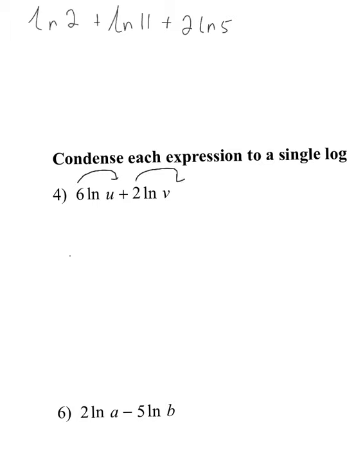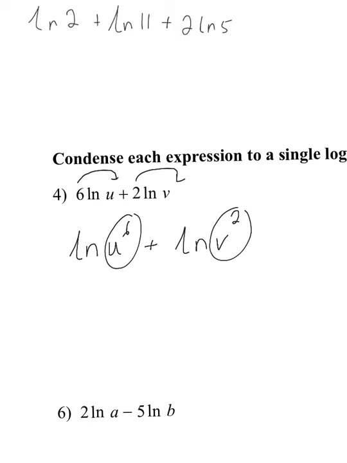So I will get ln u to the 6th plus ln v to the 2nd. Okay, and now I can condense it and say addition becomes multiplication. So you will multiply them when you condense: ln in parentheses u to the 6th times v to the 2nd, and that is your answer.